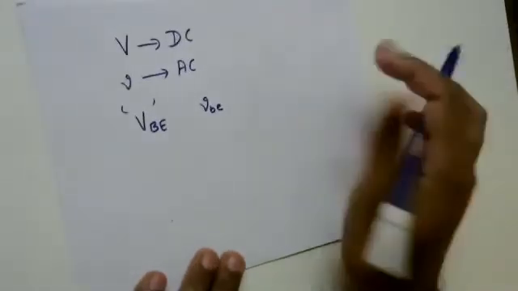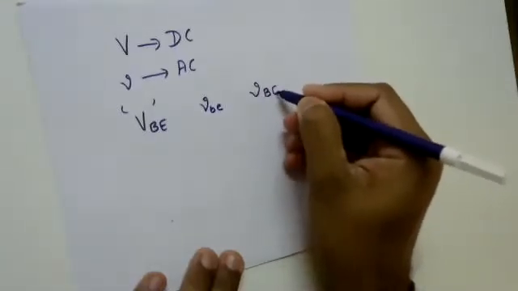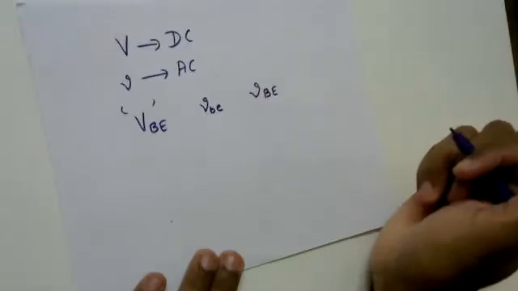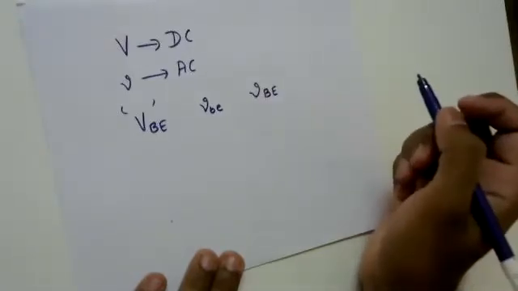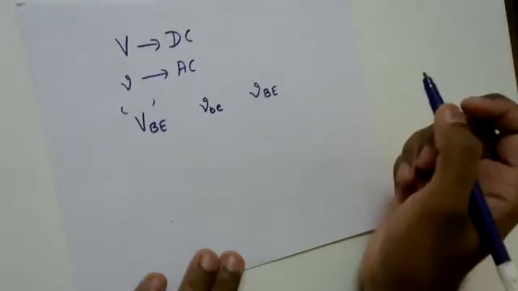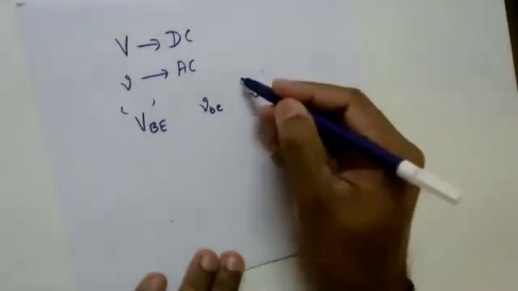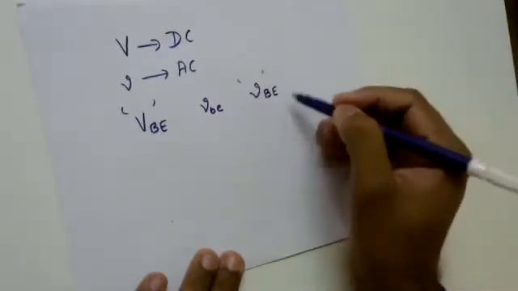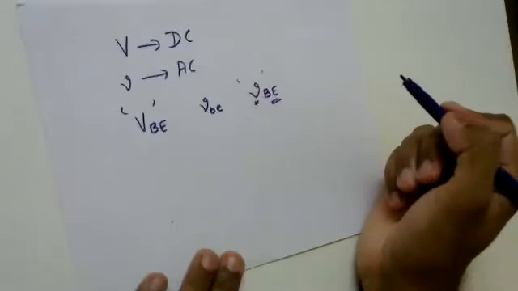Now if I write this something like this, v_BE with a small v and capital subscript, what does this indicate? Now I'm not getting any answers. What does this representation indicate? It is indicating a combination of both, that is an AC parameter and a DC parameter.